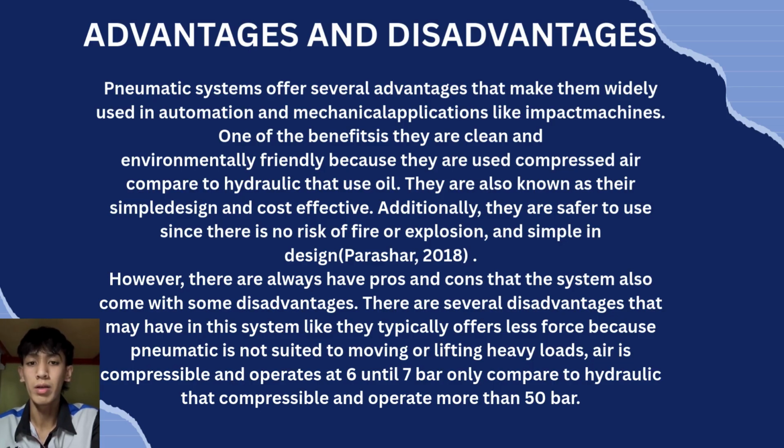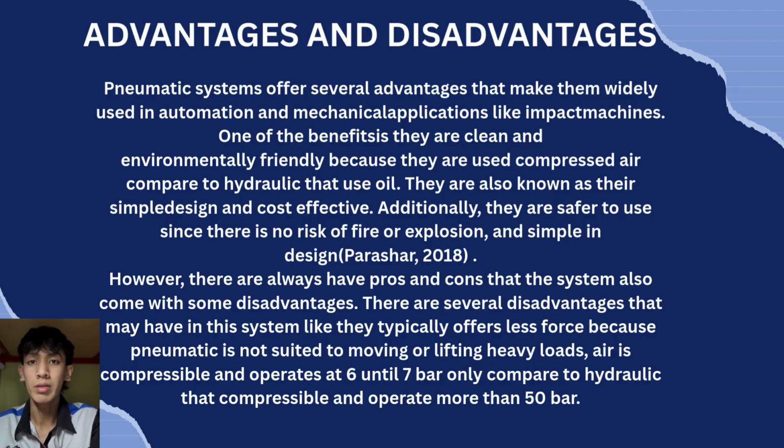They are environmentally friendly, safe, and relatively low cost. Their simple designs allow for easy maintenance and quick installation. In addition, pneumatic systems do not pose a fire hazard and are suitable for laboratory environments.